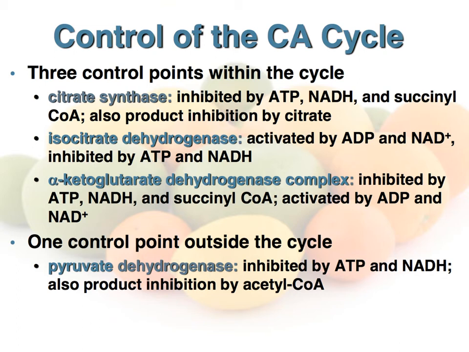So you have to understand the reasoning behind it. It's citrate synthase, isocitrate dehydrogenase, and alpha-ketoglutarate dehydrogenase complex, and then one outside the cycle, which is pyruvate dehydrogenase complex. If you've got the word complex, it's fine too. I would know what you're talking about.